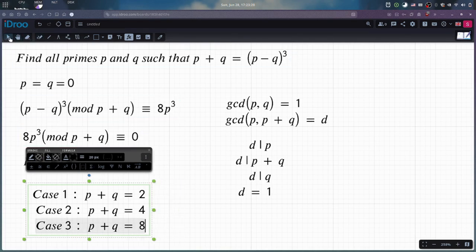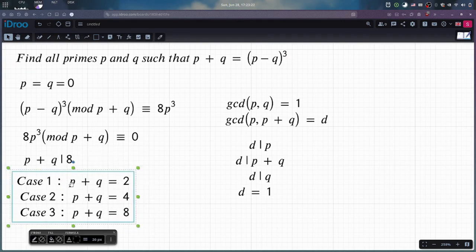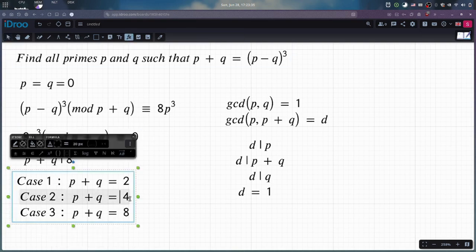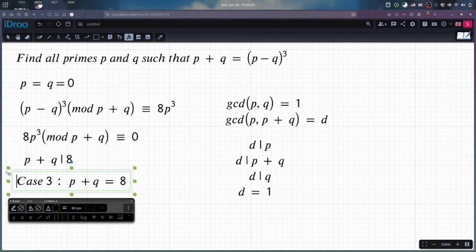Now it's quite trivial that the first one is impossible. Same with the second one, because you cannot find prime numbers that satisfy these two. Therefore, we're left with the last case, which is p plus q is equal to 8. We have two cases here.